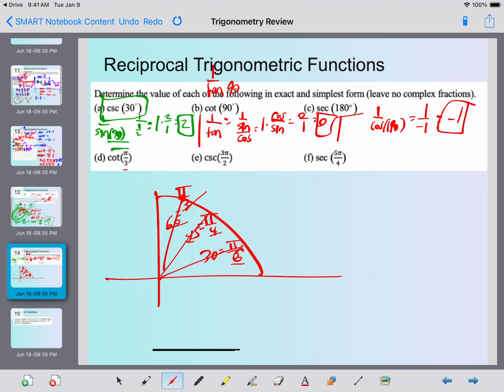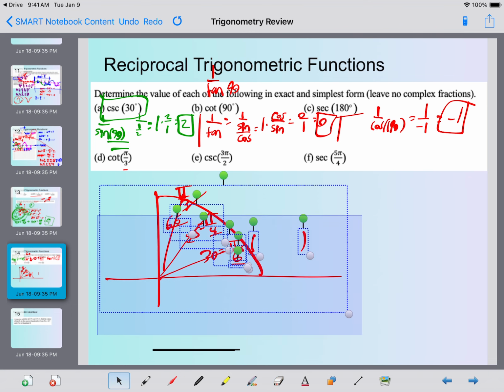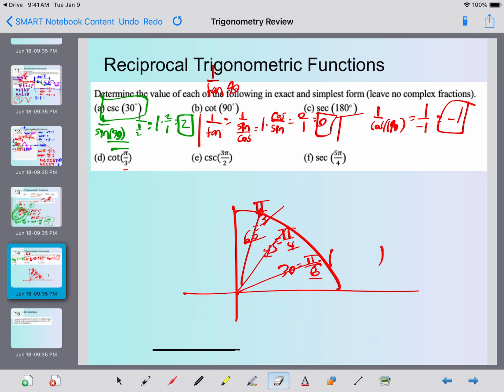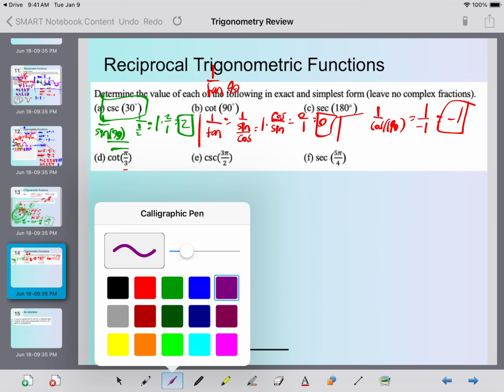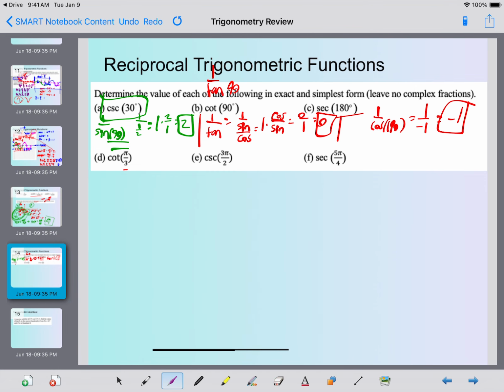So 1 over tangent, you're going to have to take the cosine and the sine value. So we know that pi over 3 is going to be 60 degrees. But again, it's very easy to make a mistake by just going based off your memory.